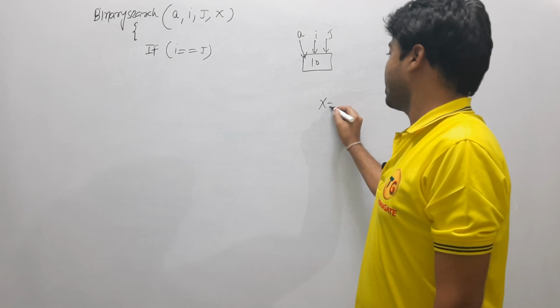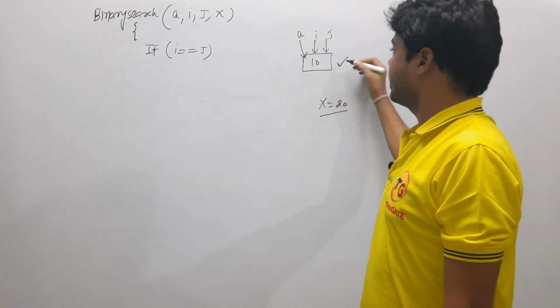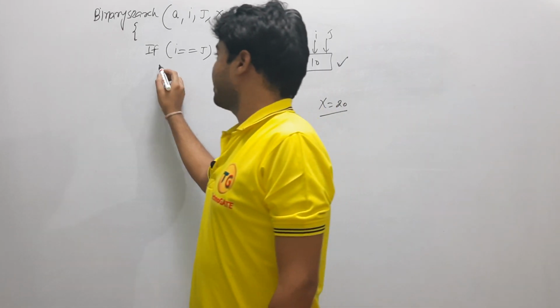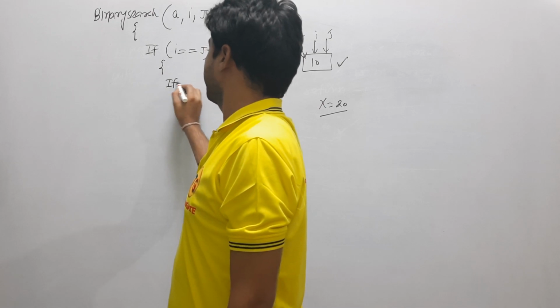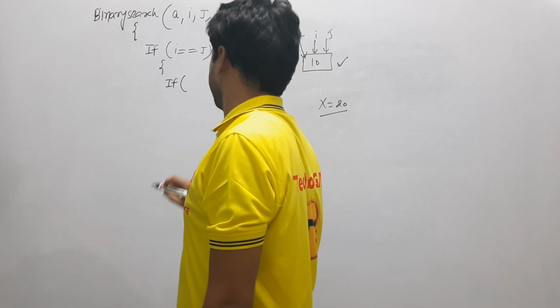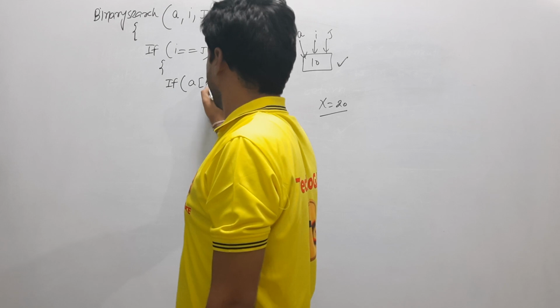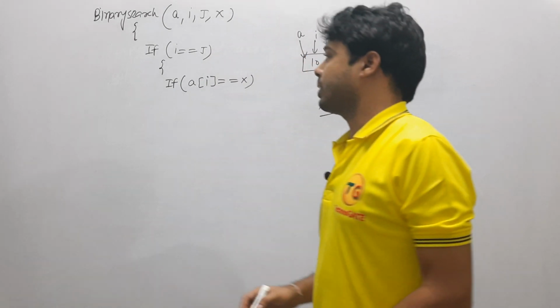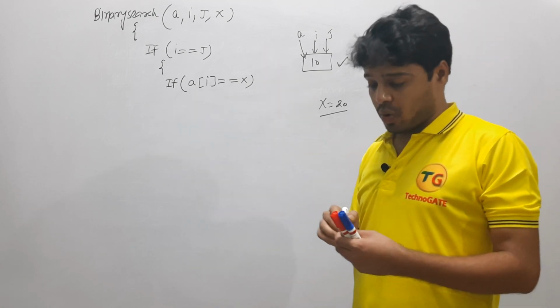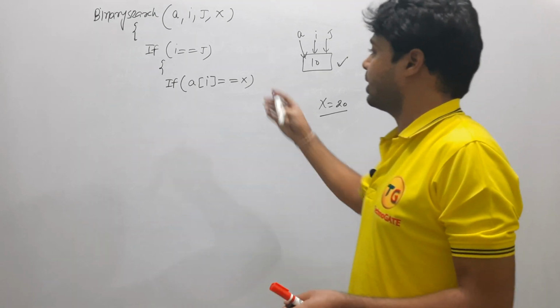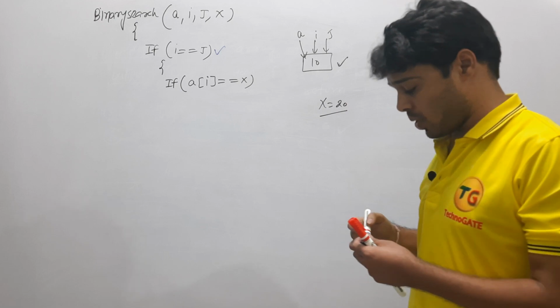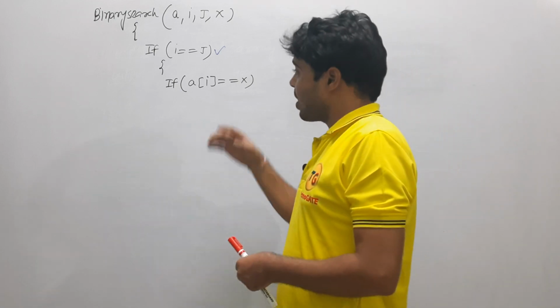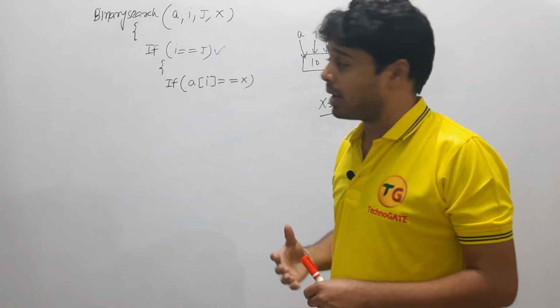Suppose you want to search for 20, but only 10 is there. So we have to check whether a of i equals x or not, since 10 is present but 20 is not.